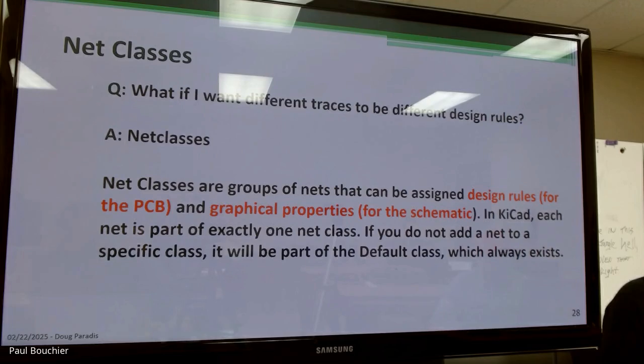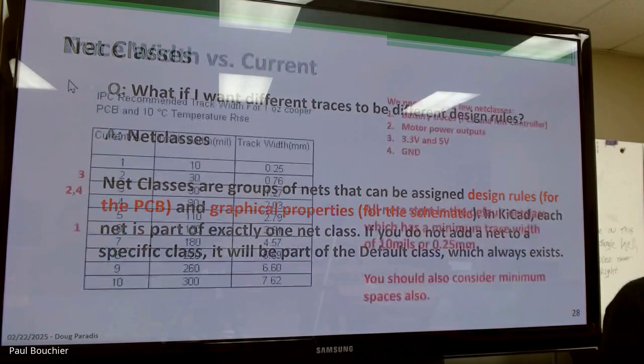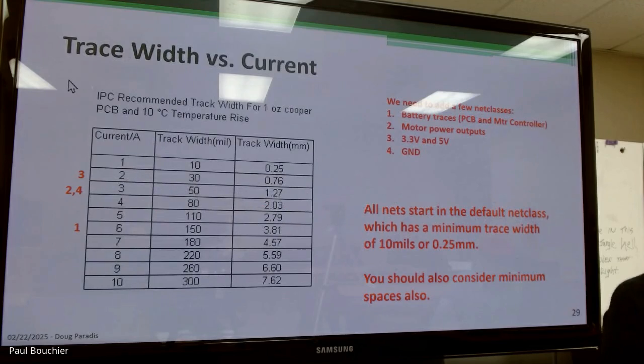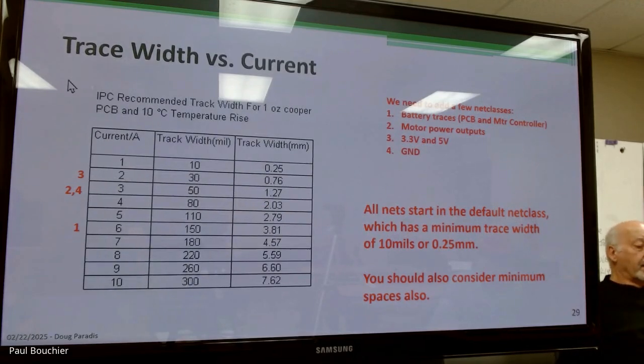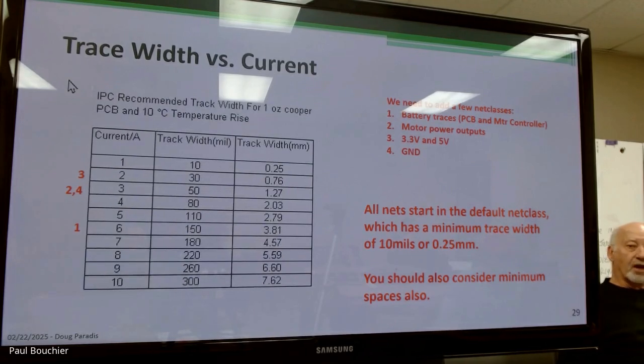Okay, so let's take a look. This is trace width versus current for 1 ounce copper PCBs, which is the most common. That's the common thickness of copper on all of the PCBs that we generally get made for $2.50 from JLC. I tried to put these in different places, and I ended up scooching them up to the lower.